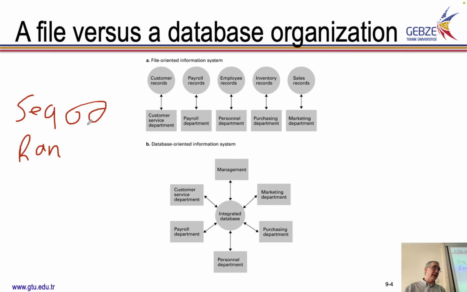As a student, for example, what are the records you have in the school? You have a GPA record, transcript record, but also you are a patient. You have a health record. Okay? So once you graduate, you will have a graduate record.